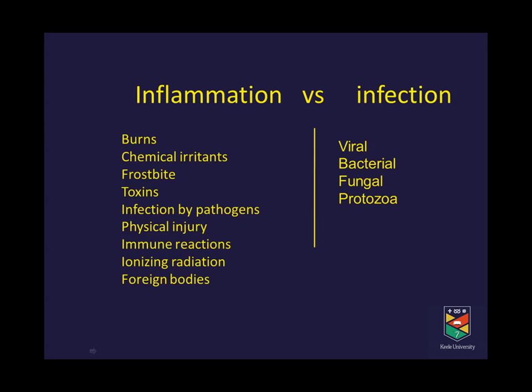So inflammation can be caused by any one of a number of things, whereas infection is always caused by one of these 4 things, or also something known as a prion, which is a small bit of protein which can cause diseases such as scrapie or variant Creutzfeldt-Jakob disease, mad cow disease for want of a better word.